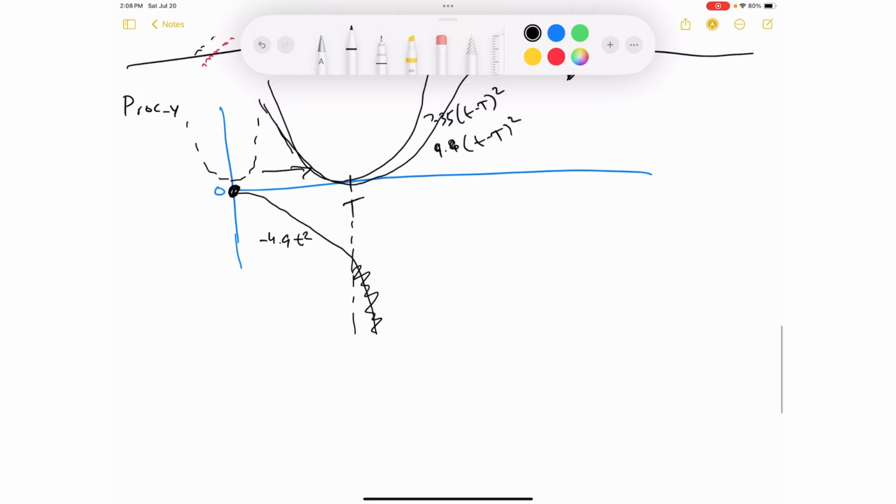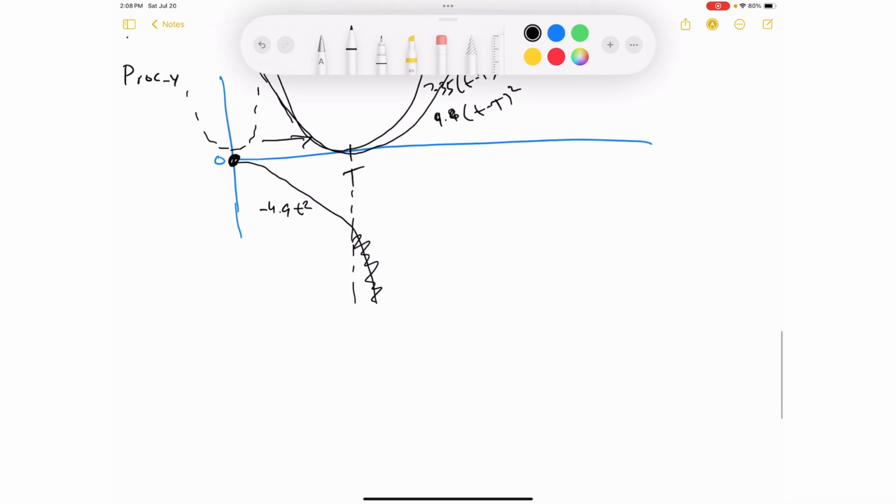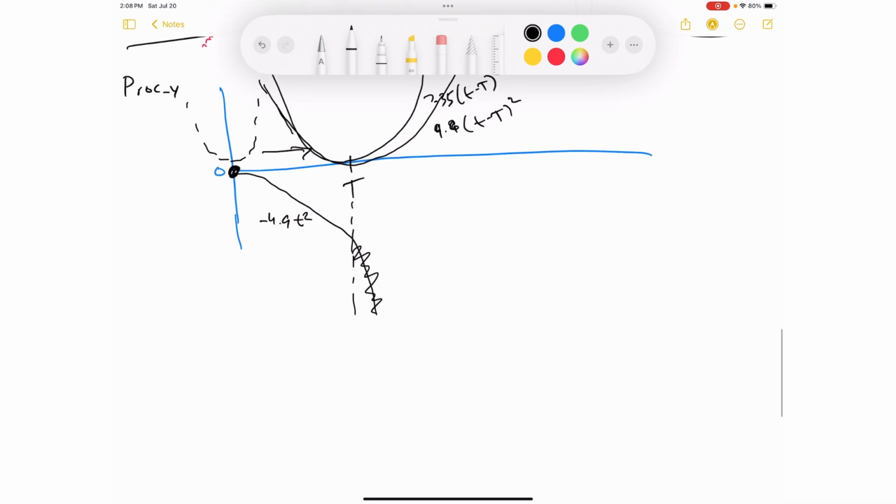So let's put all of our functions together. So I have negative 4.9 t squared. That's that one. Plus 4.9 (little t minus big T) squared.